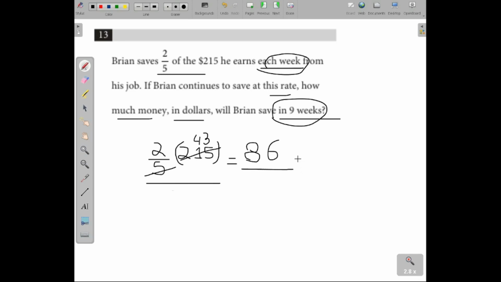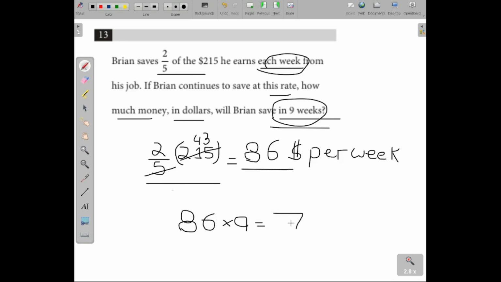So Brian saves $86 per week, but we need to know how much he saves in 9 weeks, so we'll multiply 86 times 9, and the answer is $774. He'll save $774. So the answer is $774 that Brian will save in 9 weeks.